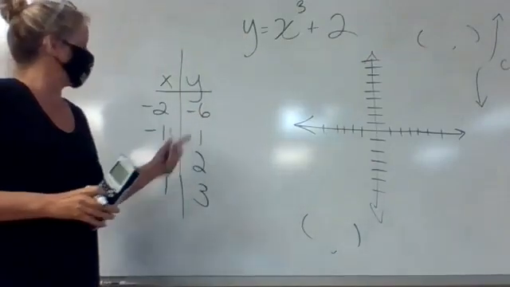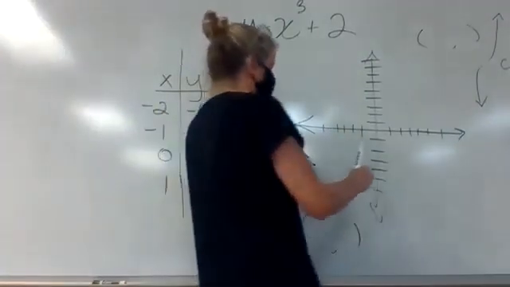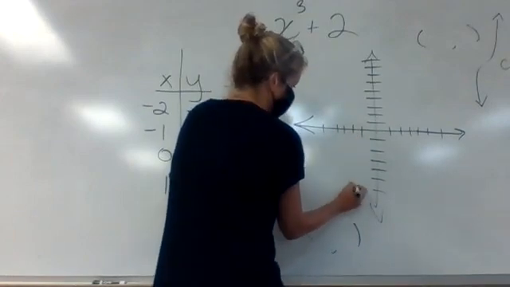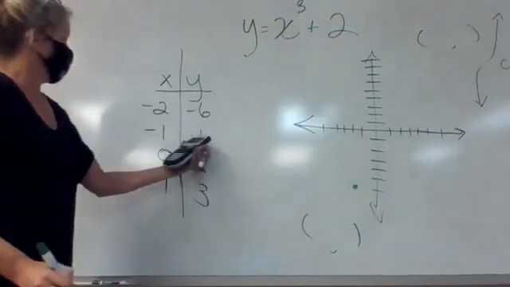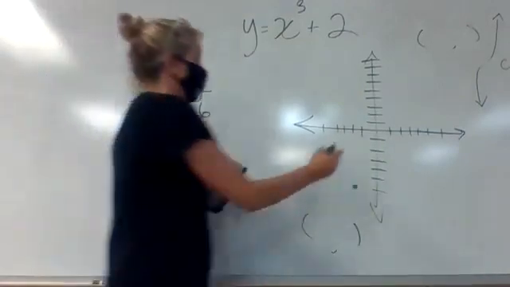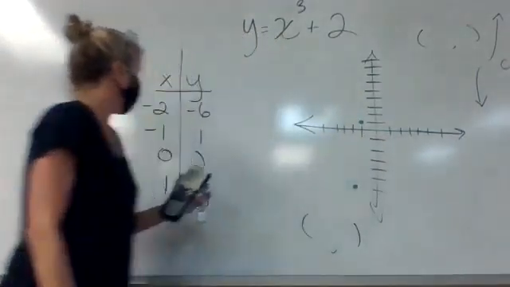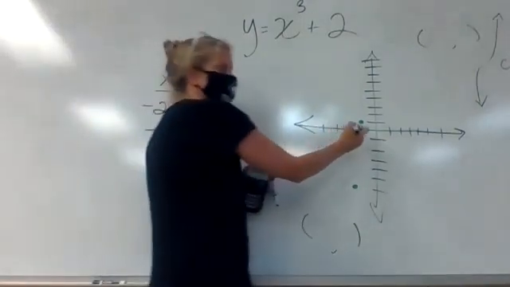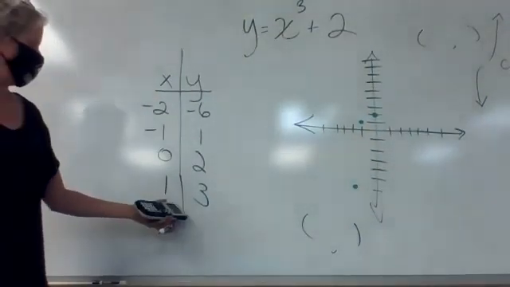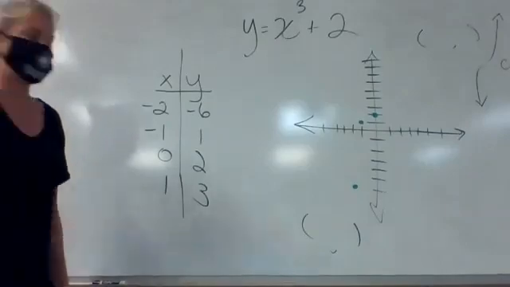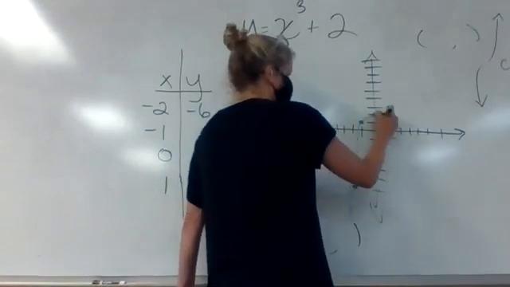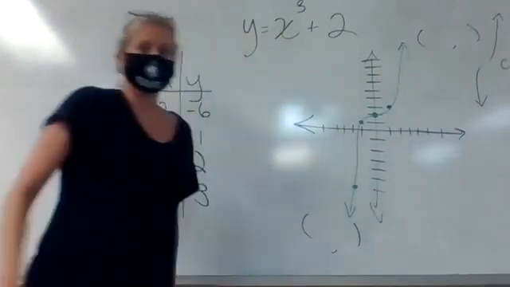So make sure you're hovering over -2, -6, which will be left 2, down 6. -1, +1, so left 1, up 1. 0, 2: my x is 0, so I'm not going left or right at all, I'm just going up 2. And +1, +3, which will be to the right 1 and up 3. So it'll connect them to draw that shape.